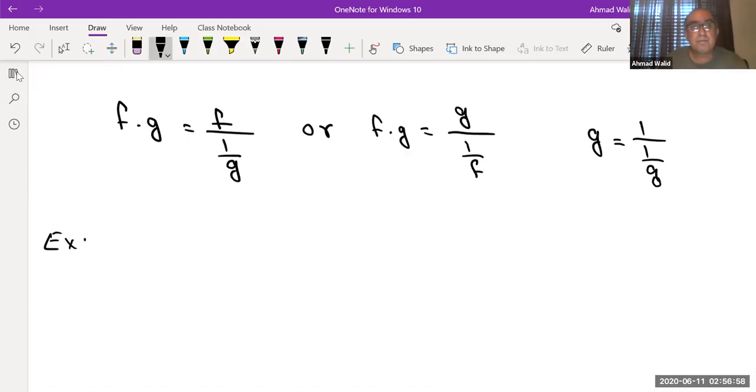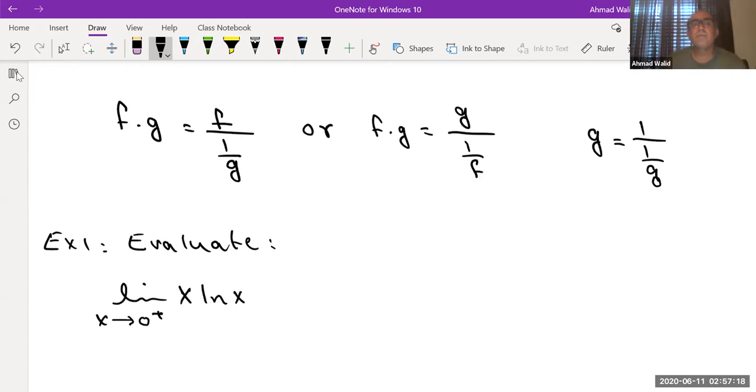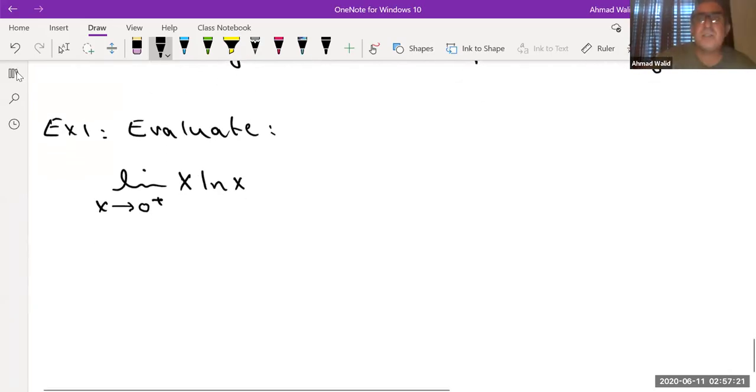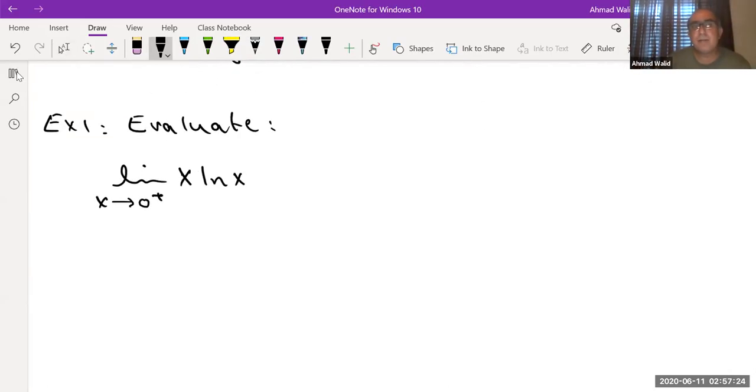Example number 1. Evaluate the limit as x approaching 0 from the right of x ln x. Again, your first step is to plug in the number. If you plug in 0 to x, it gives you 0 times ln of x as x approaching 0, correct?